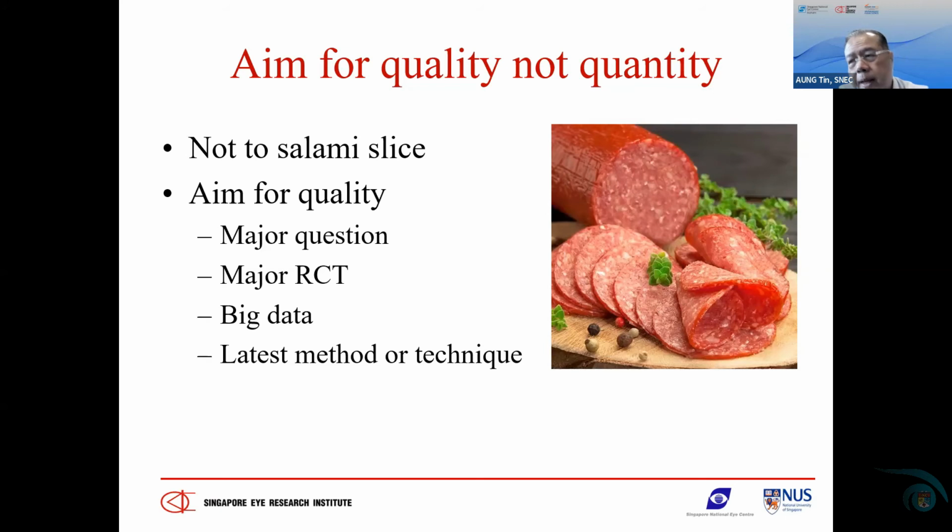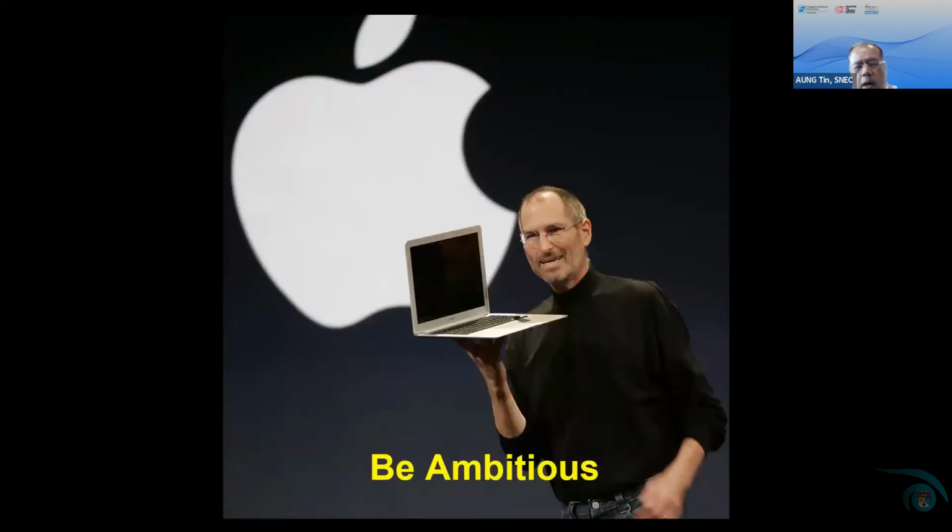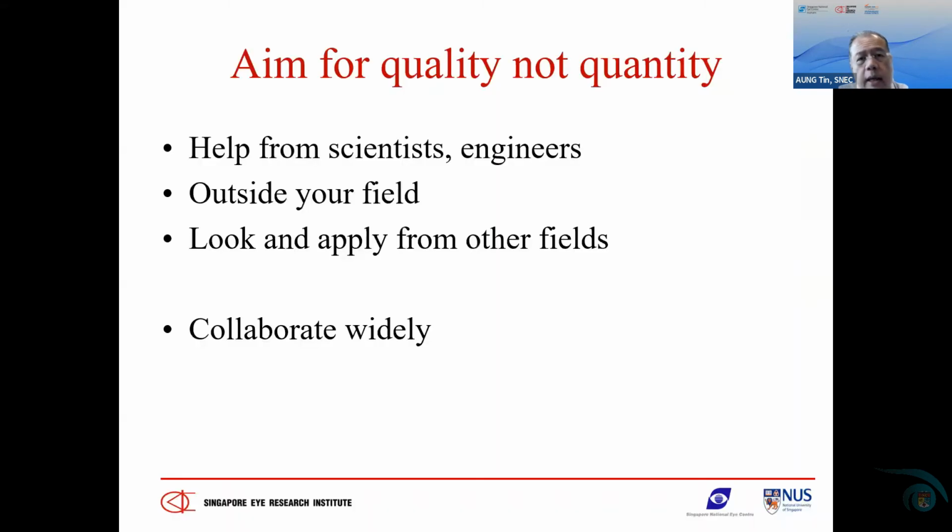Now, if there's very complicated work that took many years, I understand, it could be several papers. But most of the time, you should put it into one major paper and aim for quality. Of course, be ambitious and aim for important topics.